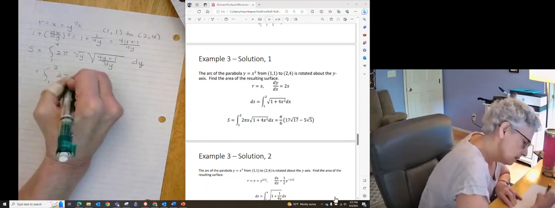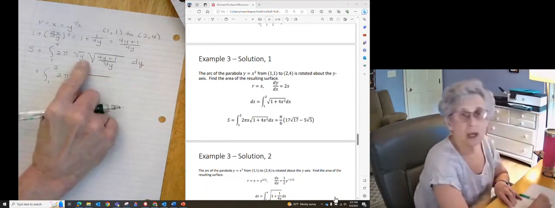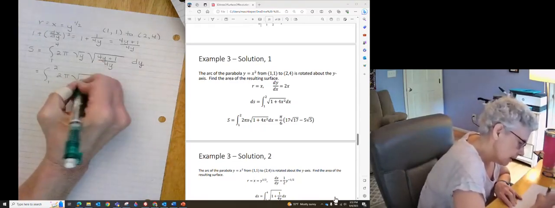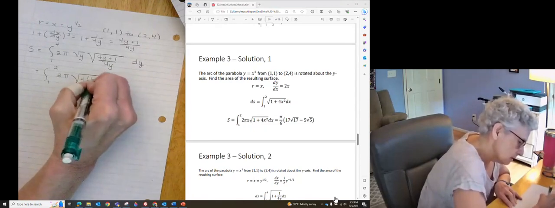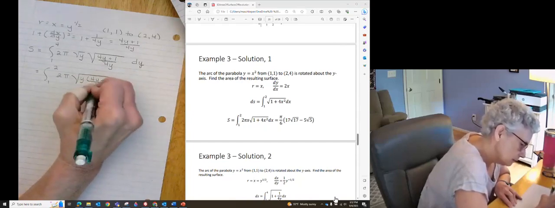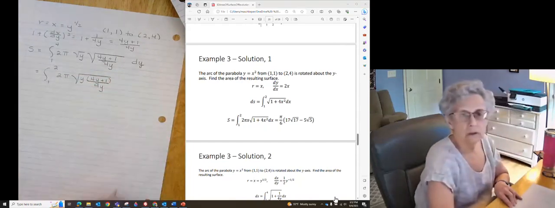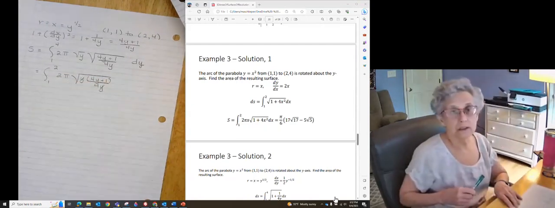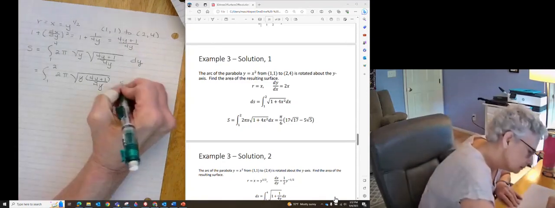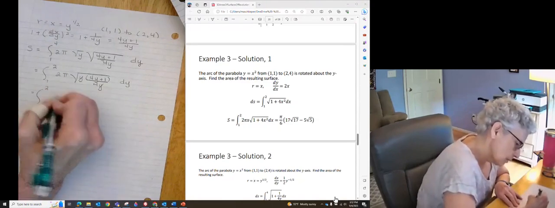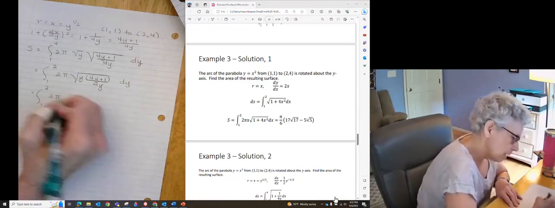2 pi is still hanging out. I'm going to put everybody underneath one radical. So then we would have y times (4y plus 1) over 4y. Well, that cancels with that. We still have 2 pi.